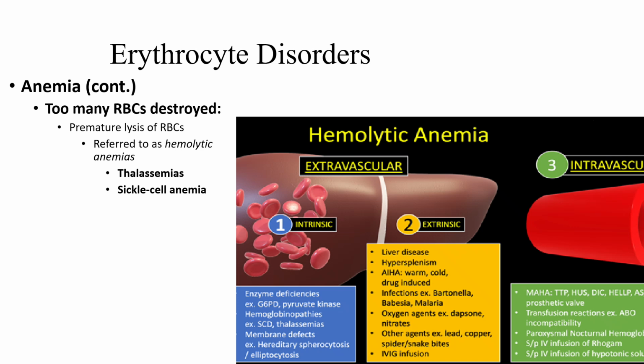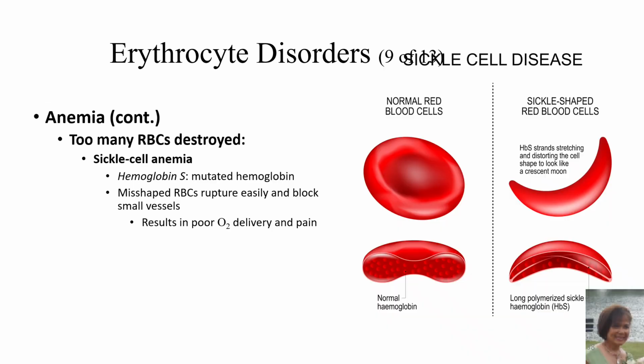And then sickle cell anemia is another genetic blood dyscrasia, and this is because of a mutated hemoglobin.